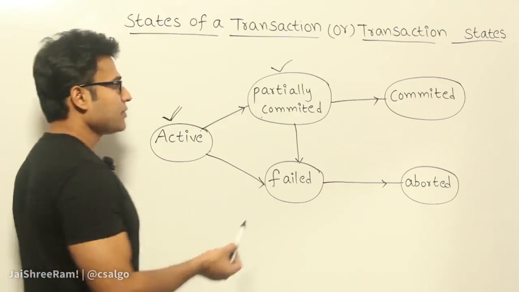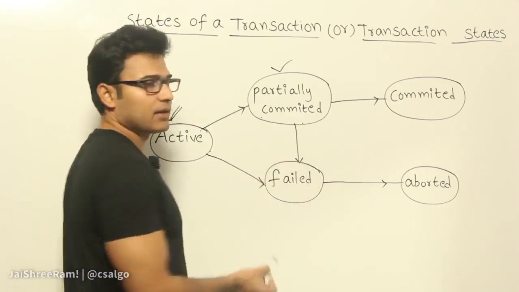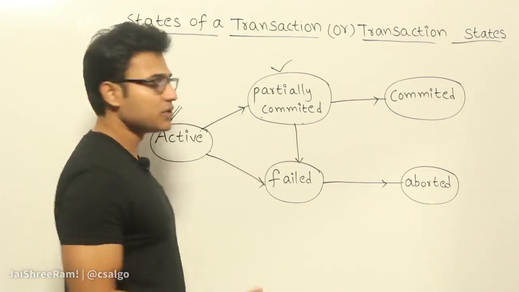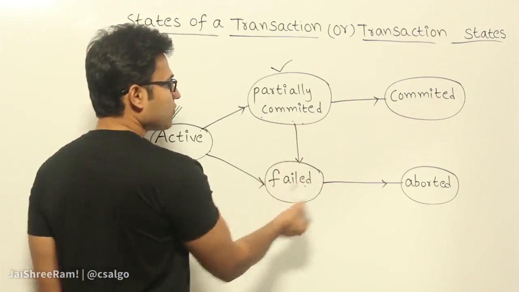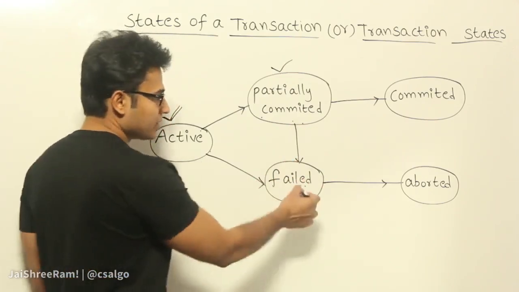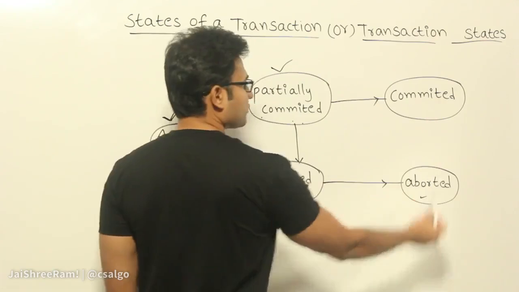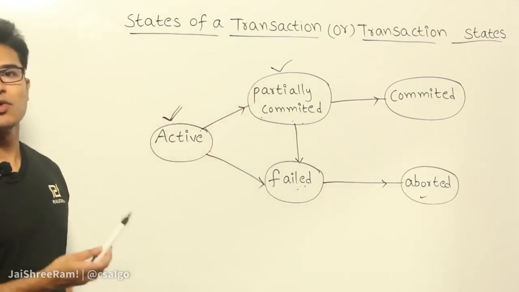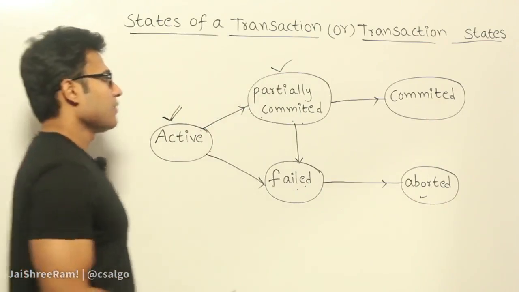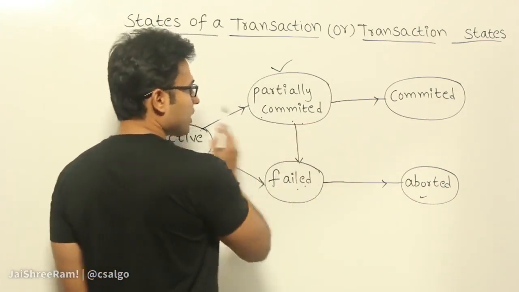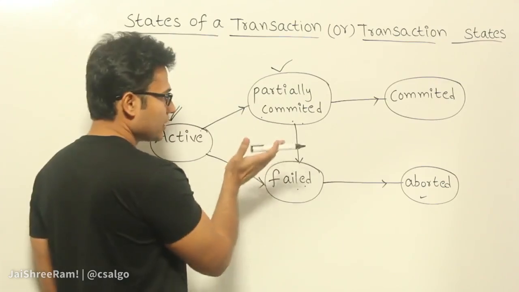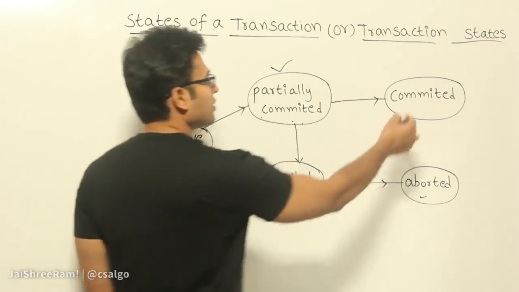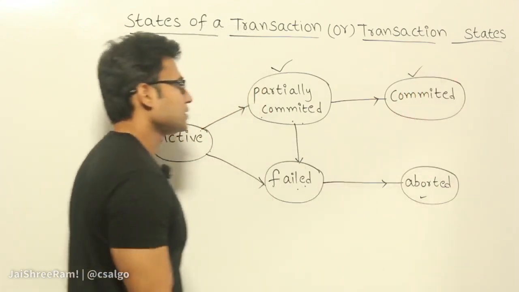And then if something happens in the middle, and it is not able to go through the complete transaction, if it is not able to finish, then you say that it has failed. From the failed state, you are going to abort it. Abort means whatever changes are made, you are going to undo all of them. Now from partially committed, if it completes successfully, then we say it has reached the committed state.